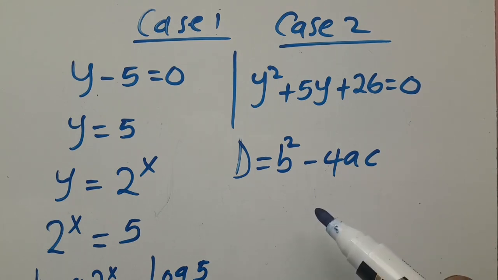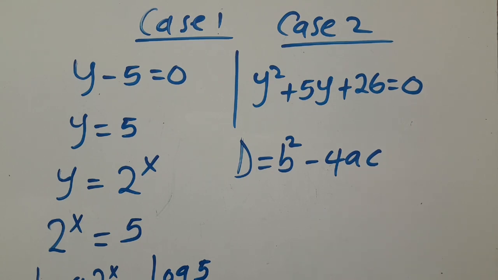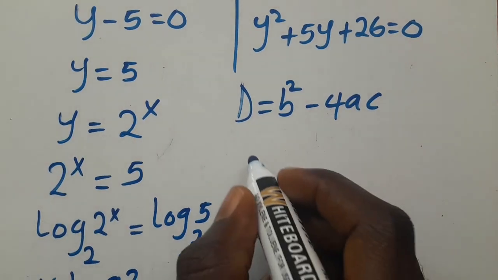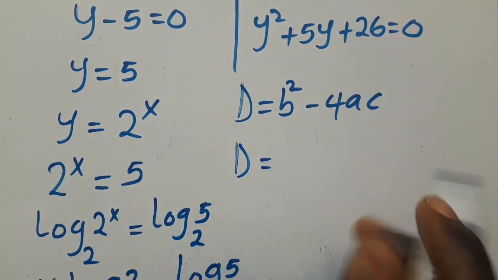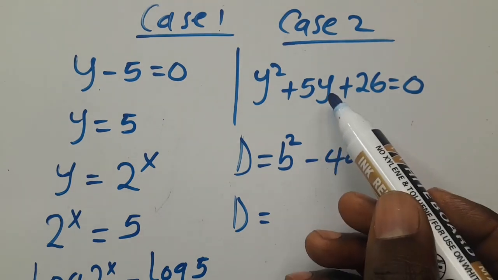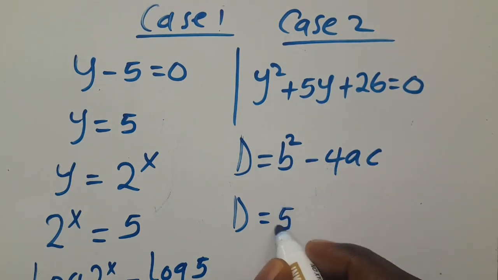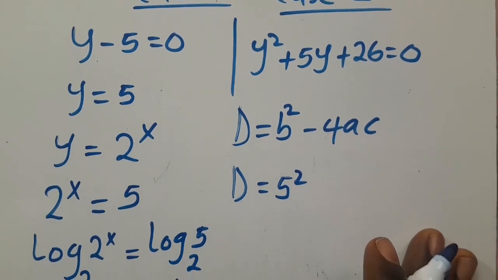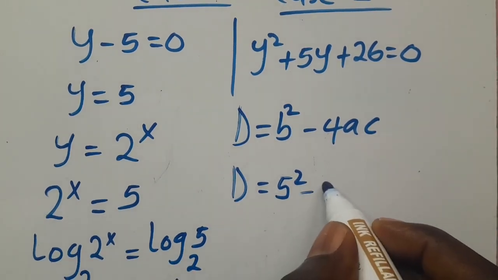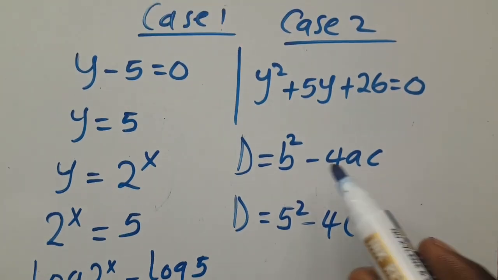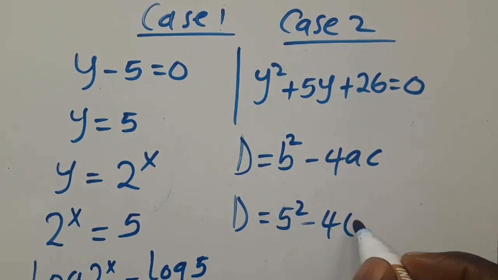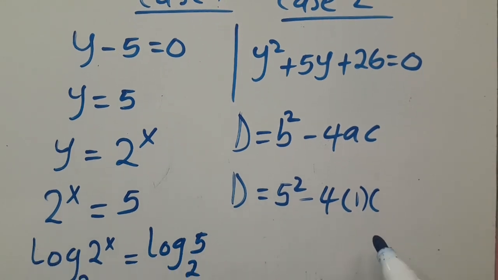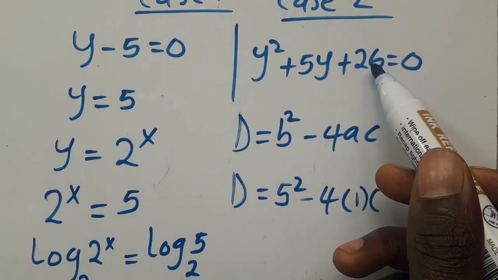And we don't want a complex solution, we want a real solution. Then from here, our b is the coefficient of y, which is 5, so we have 5 to the power of 2. Then minus 4, a is the coefficient of y squared, which is 1. c is the constant of the expression, 26.